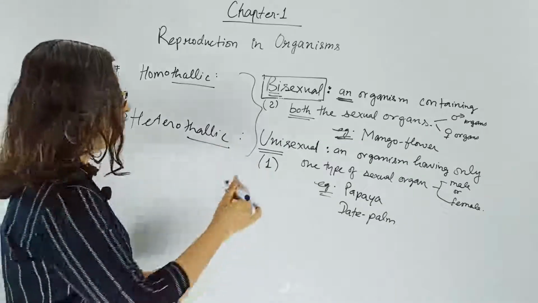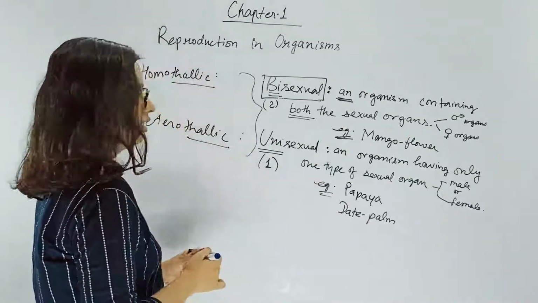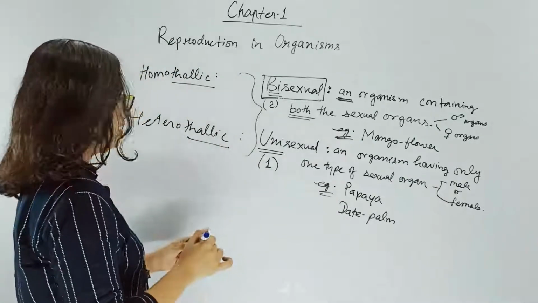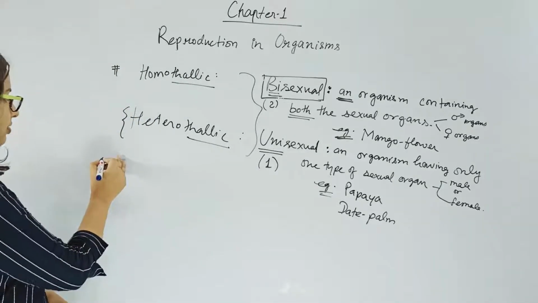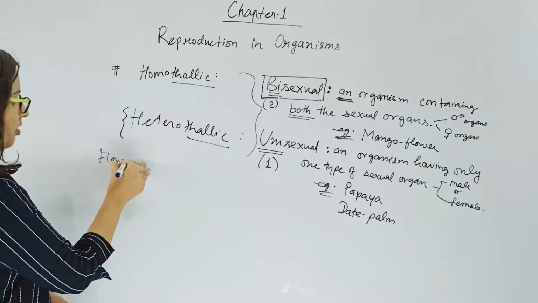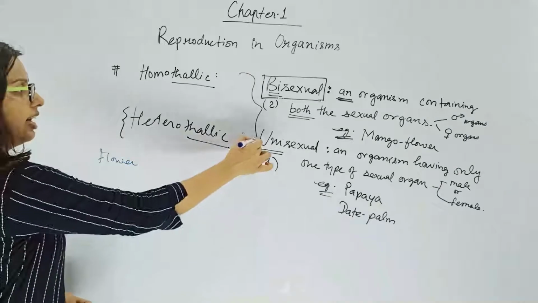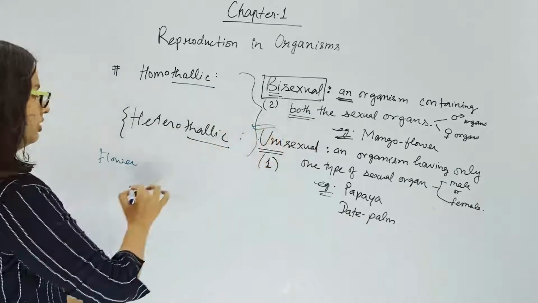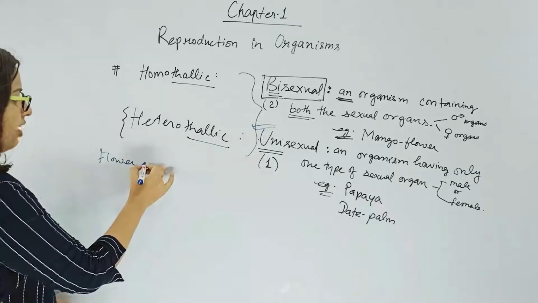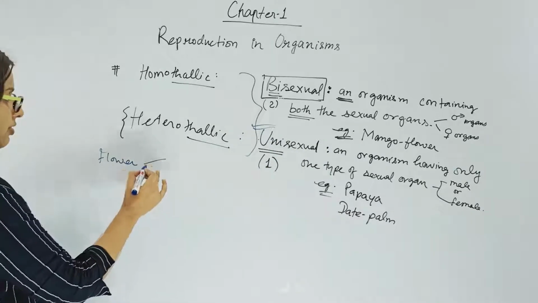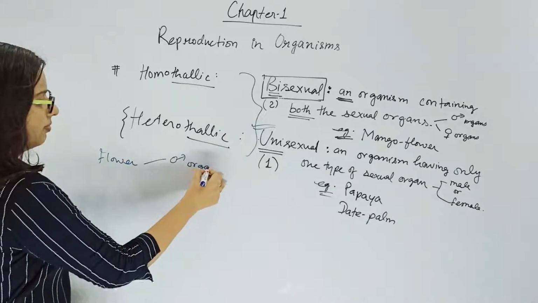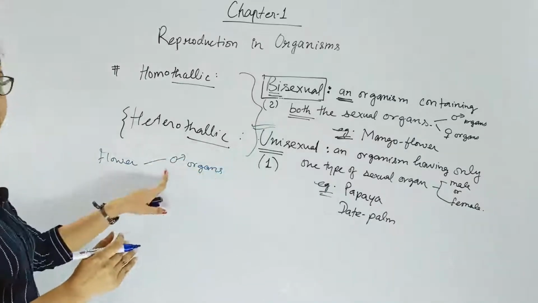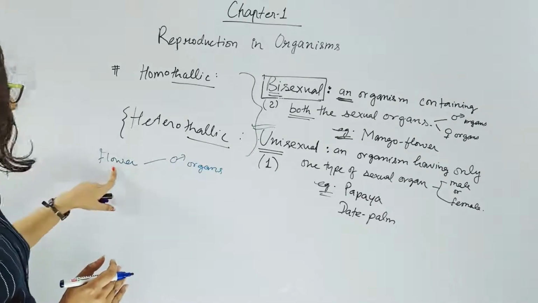In case of unisexual plants, the two type of flowers that I just now explained, some flowers have male organs. So what is the name of a male reproductive organ in case of a flower?